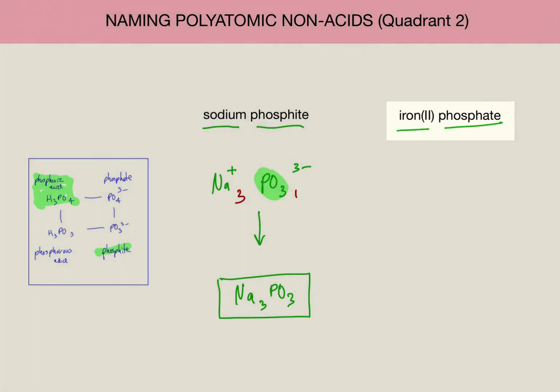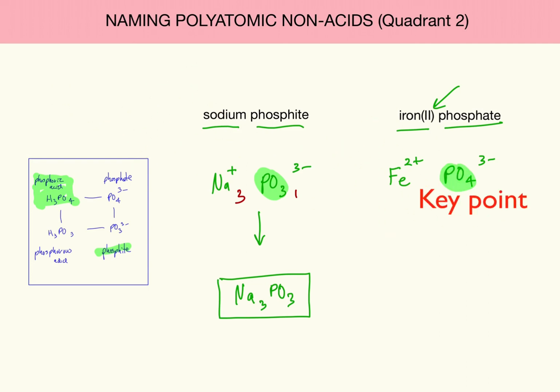One more. I see the two pieces. I have an iron. Do I know the charge of this iron? Actually, even though it's a type 2 metal, I do, because that has been declared as a +2. And what was phosphate? That was also from the phosphoric acid family, and it bears a charge of 3-. Is this charge neutral? In my mind's eye, I'm going to make sure that I treat the PO4 as a monolithic unit.